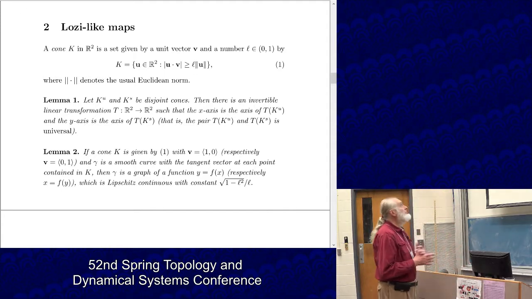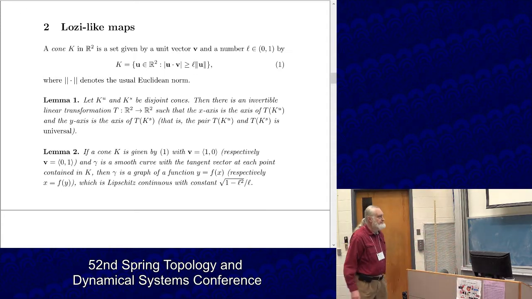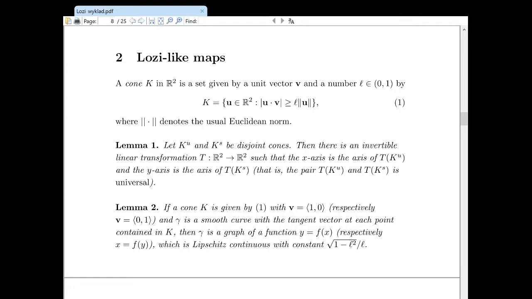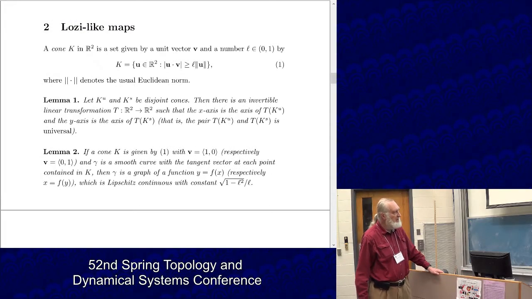So what about Lozi-like maps? In the one-dimensional case, the situation is kind of very simple. I'm thinking about unimodal maps. So there are two pieces of monotonicity. Map is increasing on the first one, decreasing on the second one, and you have basically one parameter.